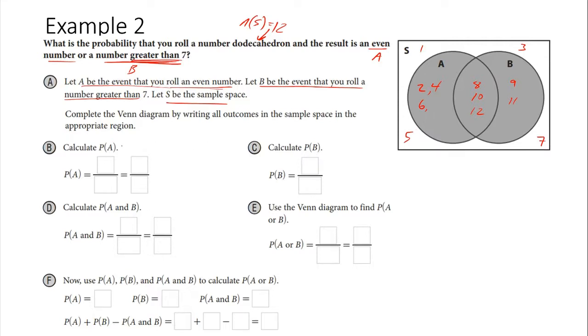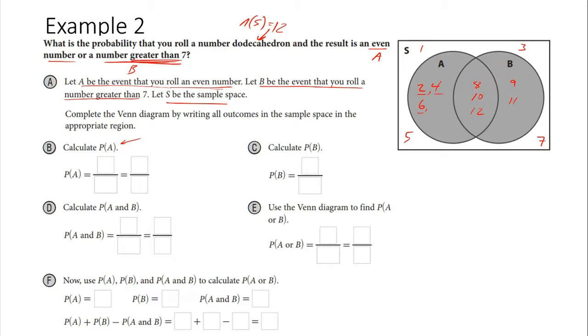Now let's go ahead and start breaking this down. So let's start with the probability that we actually roll an even number. Well, how many even numbers do we have? And this is where you're thinking, okay, do I count all 6 or do I just count the ones in group A?